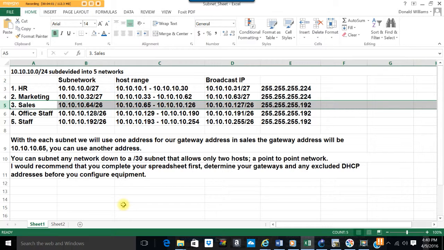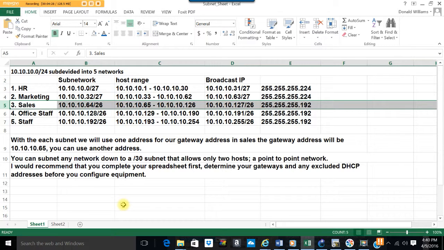With /26 we have an IP host range of 10.10.10.65 through 126. And this gives this particular subnet 60 addresses. So that would provide the sales department with the 33 IP addresses that they need now, up to 45 that they said they could increase to, with some additional room for expansion.